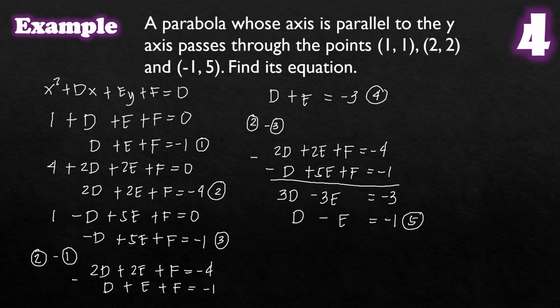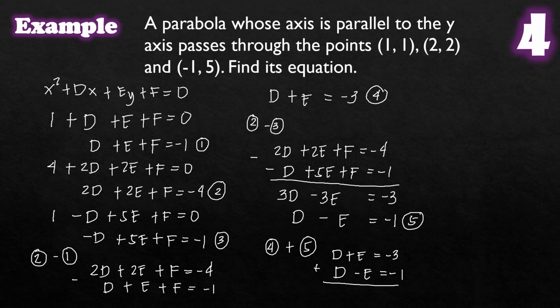By equations 4 and 5, we have already reduced the three equations into two equations in two variables. Let us eliminate e by adding the two equations. We have equation 4 plus equation 5. So that will be d plus e equals negative 3 and d minus e equals negative 1.